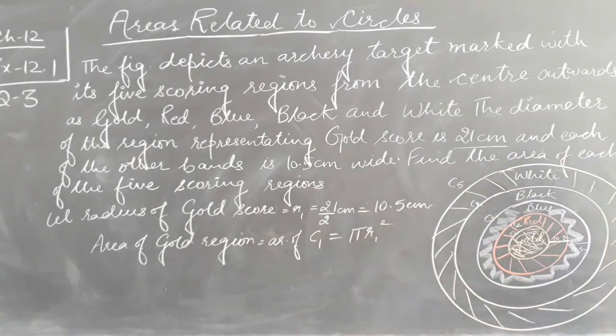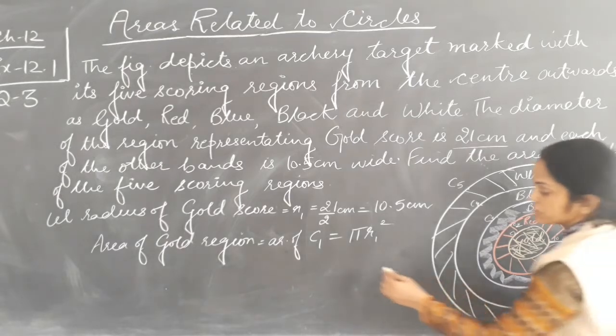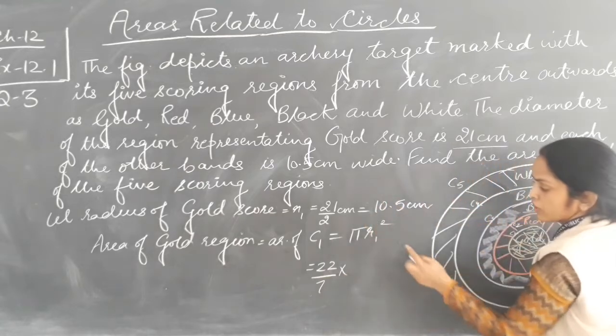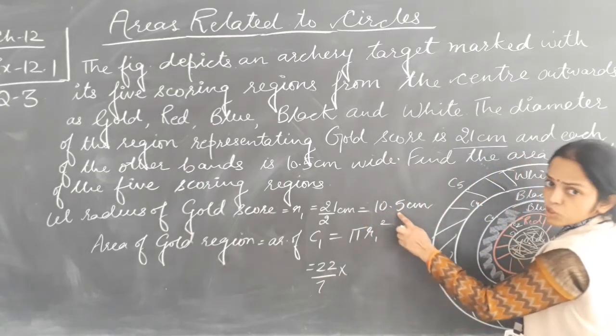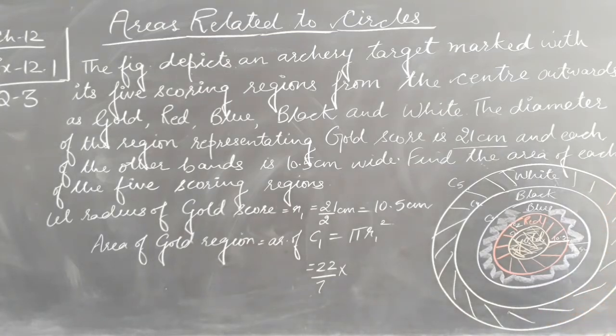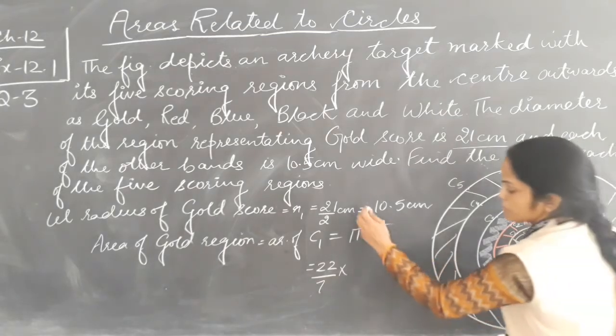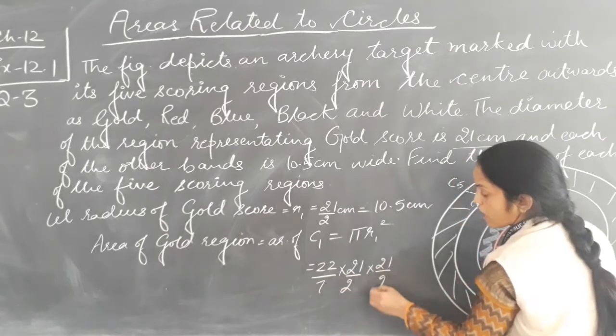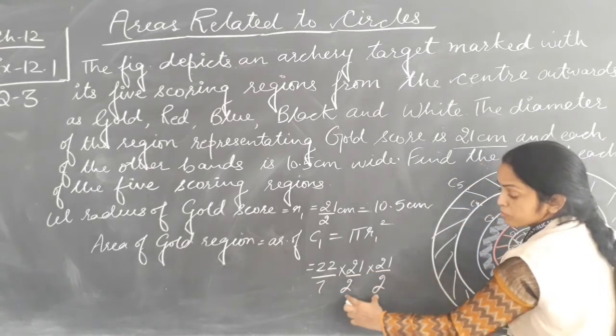Now keep the values of pi and R1 to solve it further. So pi is 22 upon 7, R1 you can consider as 10.5 or 21 upon 2, it is up to you. Whatever you feel easy you can keep. I am taking right now 21 upon 2. Okay, R1 square, that means R1 will come twice.